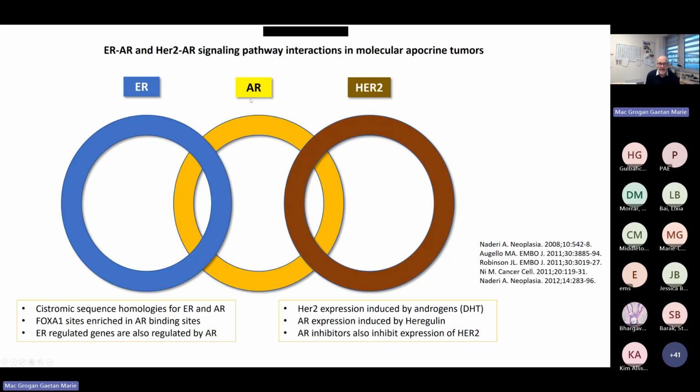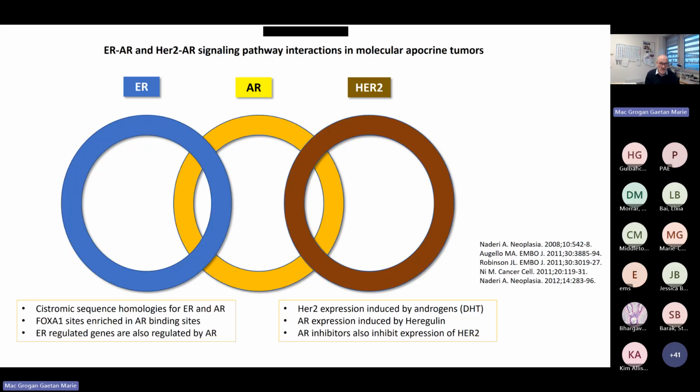Considering ER and AR, different molecular analyses have found cis-genomic sequence homologies for ER and AR, meaning that the promoters of different genes are common to estrogen receptor and androgen receptor, as you know, that are nuclear transcription factors.